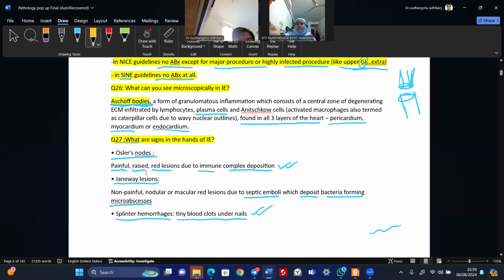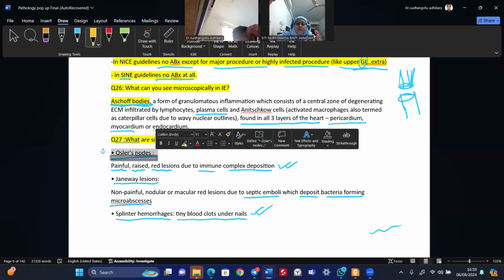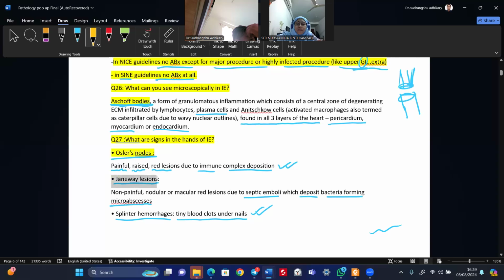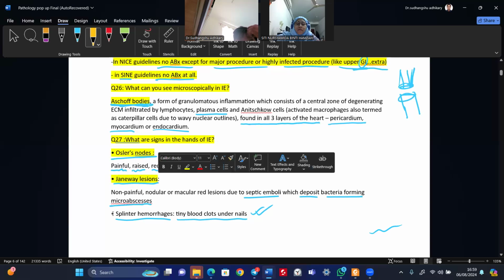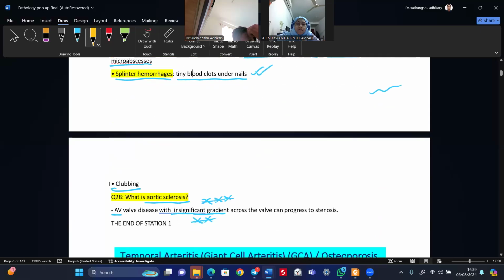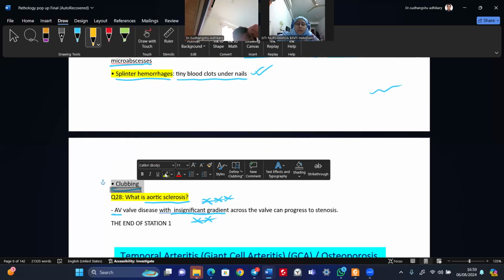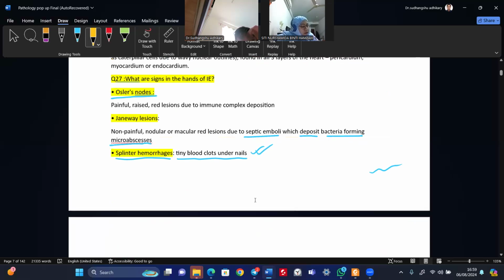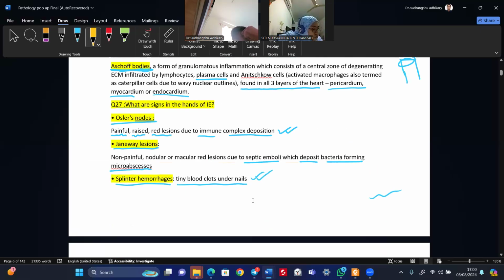What are the signs in the hand of infective endocarditis? We get Osler nodes, Janeway lesions, splinter hemorrhage, and clubbing.